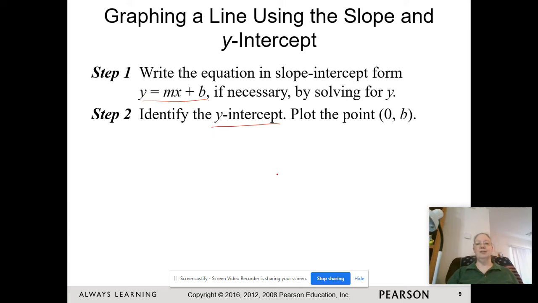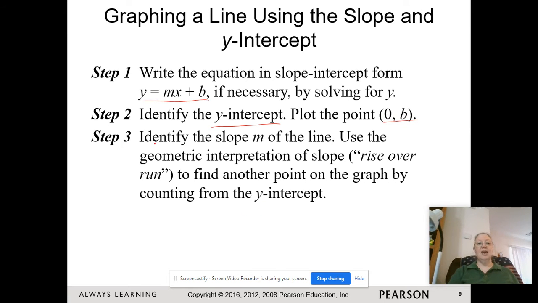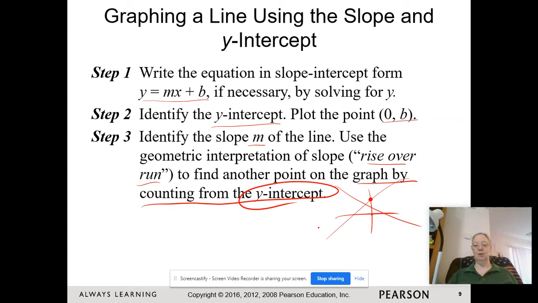Figure out what the y-intercept is, plot that point, and then figure out what the slope is and use rise over run to find another point on the graph. Here's what's important: start from the y-intercept. For some reason, people find the y-intercept, and then when they do rise over run, they start from (0, 0). That's not going to work. You have to start from the y-intercept.